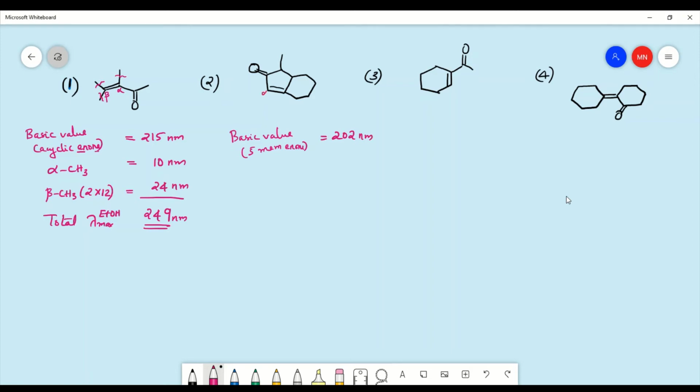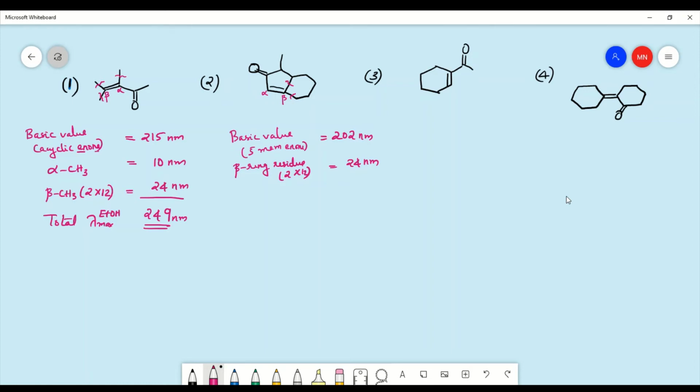This is the alpha carbon, this is the beta carbon. There are no alpha substituents. At the beta carbon, there is one ring residue here and one ring residue here, so you write beta ring residue 2. So 2 into 12 is equal to 24 nanometer.